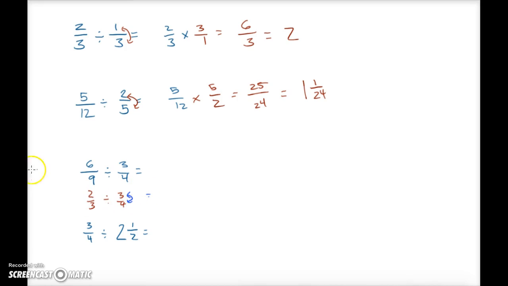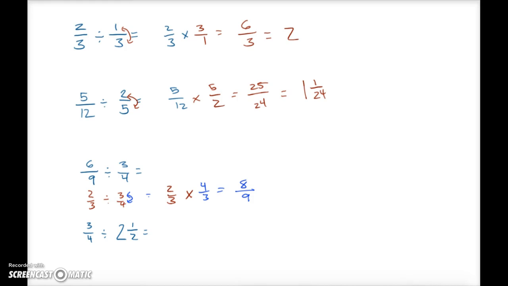And 2/3, let's keep that number the same. 2/3, our dividend, times the reciprocal 4/3. That's going to give me 2 times 4 gives me 8. And 3 times 3 gives me 9. 8/9. You could have done it without simplifying. You just would have had a bigger fraction that would have simplified down to 8/9.